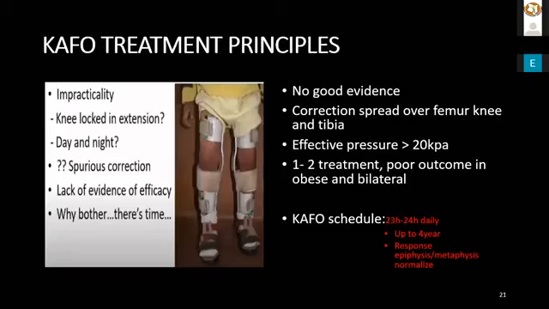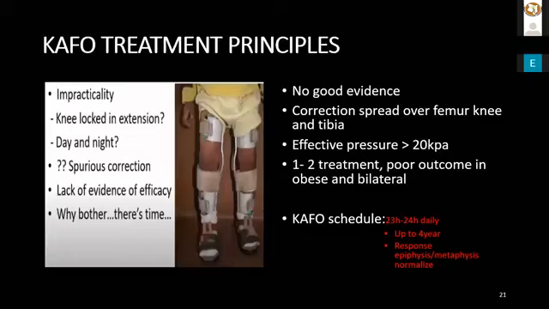Remember, the coupling of the KAFO to the bone is usually a challenge. But it has been noticed that an effective pressure of 20 kilopascals will affect the division of the chondrocyte cells. This treatment has to last for at least 2 years, but the outcome is usually very poor.